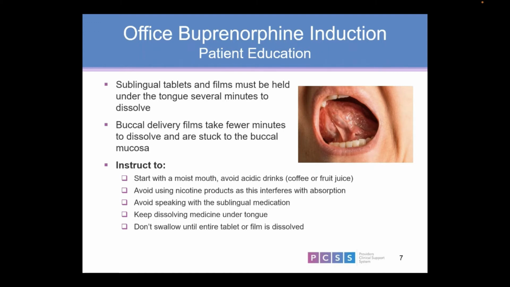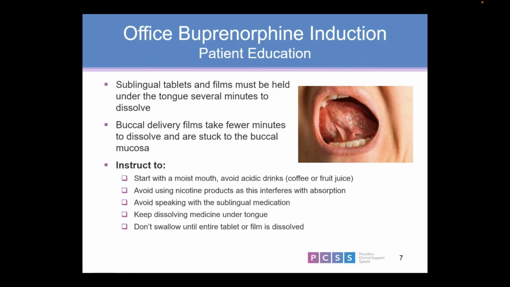We typically then advise people that you need to allow it to completely dissolve so that you don't feel any further film or tablet particles under the tongue, and then leave it typically 3 or 4 to 5 minutes after it's dissolved before they would either swallow it or spit it out, because they're really not going to get any more medication if they swallow it.